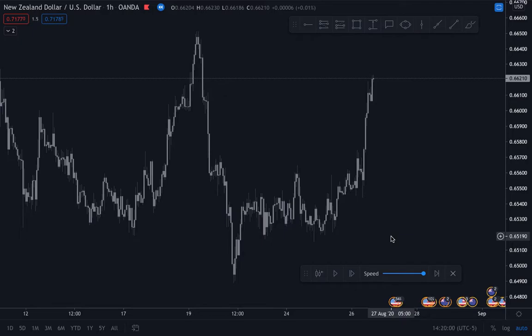Actually, not a trade analysis, more just a market analysis. This is really just me going through the market, practicing my timing, practicing my data analysis, practicing just spotting certain things. So this isn't an actual trade I took or anything.